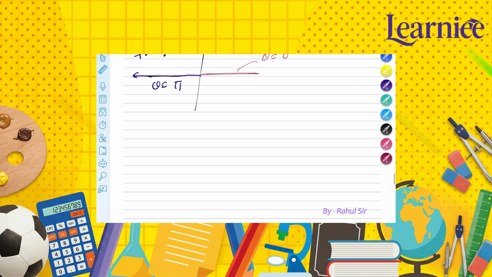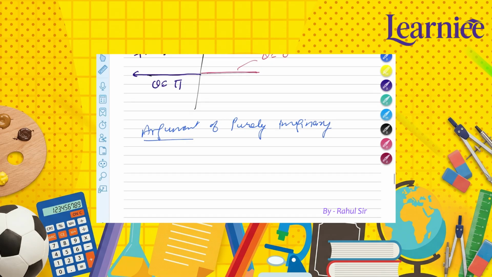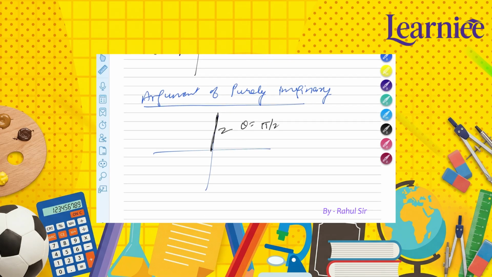Okay, now if I talk about the argument of a purely imaginary number, either it will lie on the positive y-axis, in which case the argument is pi by 2, or it may lie on the negative y-axis, then the argument is minus pi by 2.